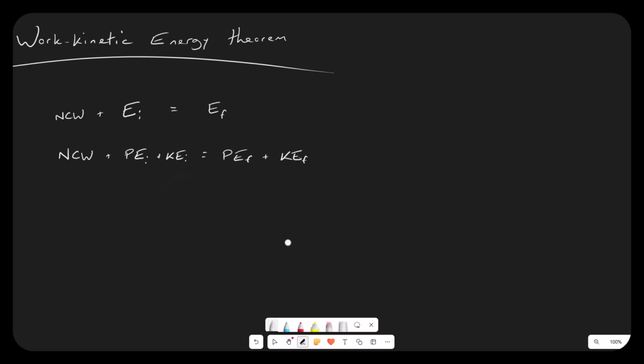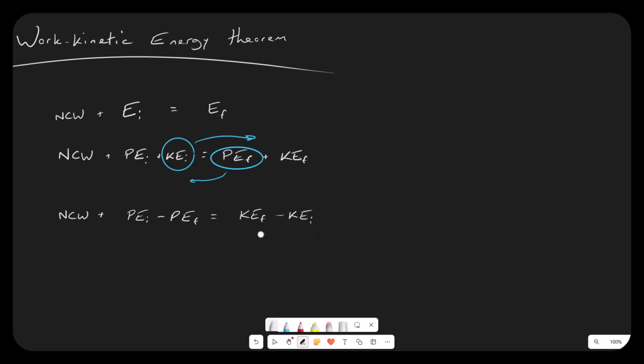Now, if I move my kinetic energy terms to the same side as each other and my potential energy terms to the same side as each other, I get something that looks like this. Non-conservative work plus PE initial minus PE final equals KE final minus KE initial.